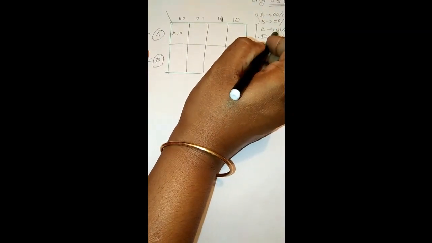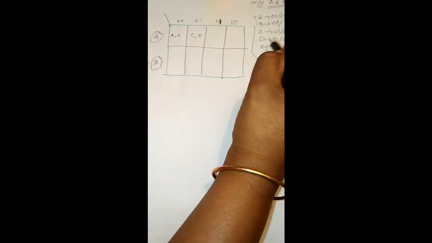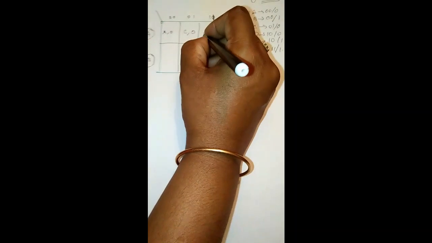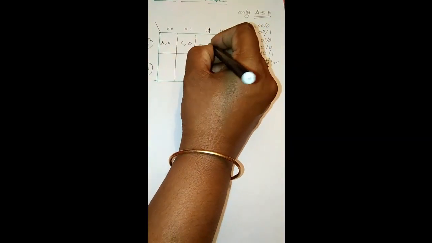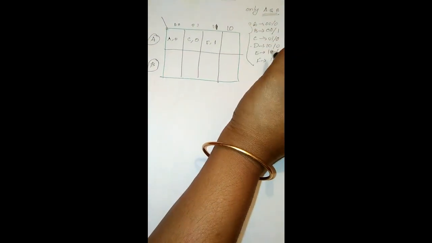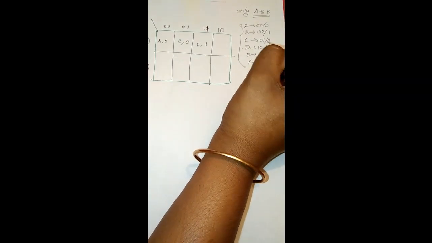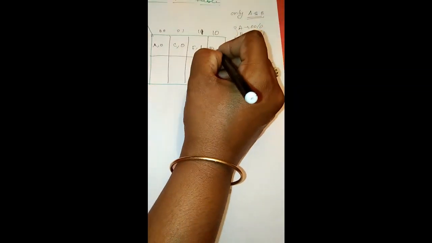And 0 1 is C with an output 0. 1 1 is F with an output 1, so I'll write this, and 1 0 is D with an output 0.